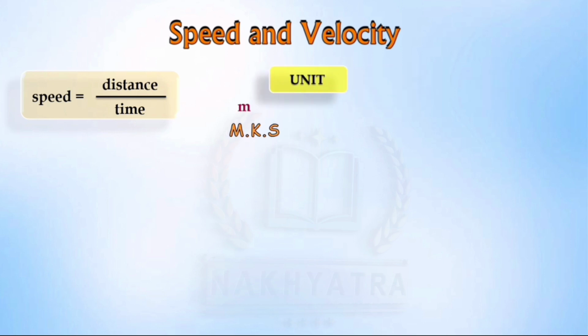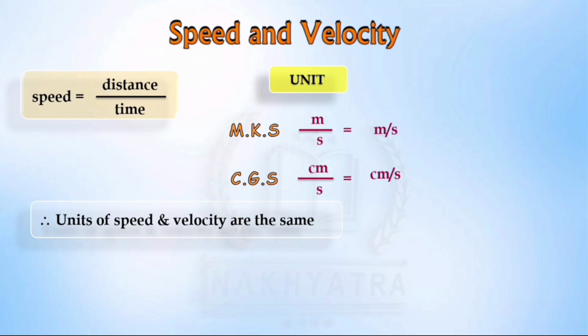So the unit in MKS system is meter by second, that is meter per second. But in CGS system it is centimeter by second, so it is centimeter per second. Therefore, units of speed and velocity are the same.